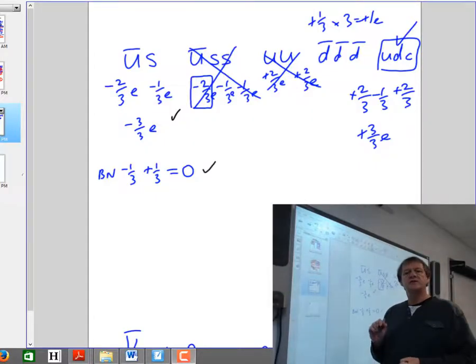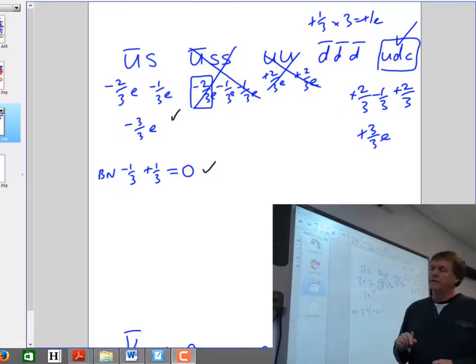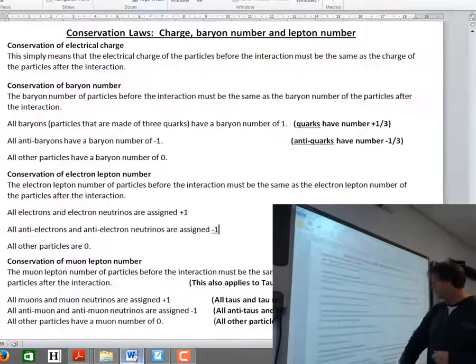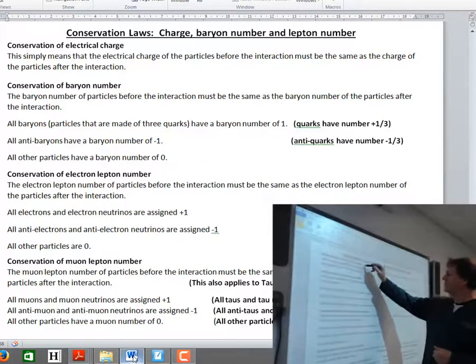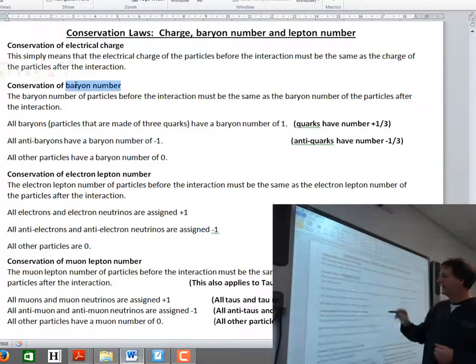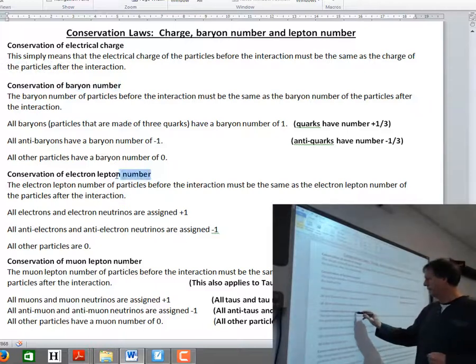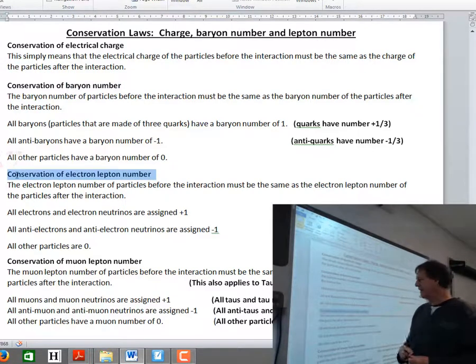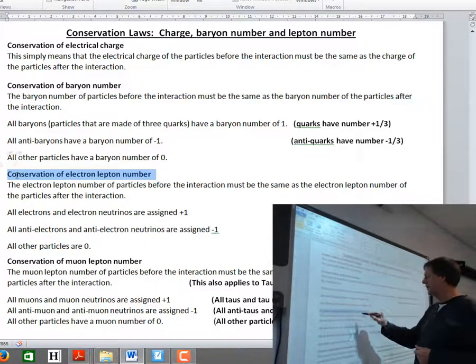So you've done conservation of charge and conservation of baryon number. The last one to look at is the conservation of lepton number. So we've done charge, baryon number, and now lepton number. There are 3 lepton numbers to worry about here. First of all are the first generation ones, which are the electrons, so it's called the electron-lepton number.